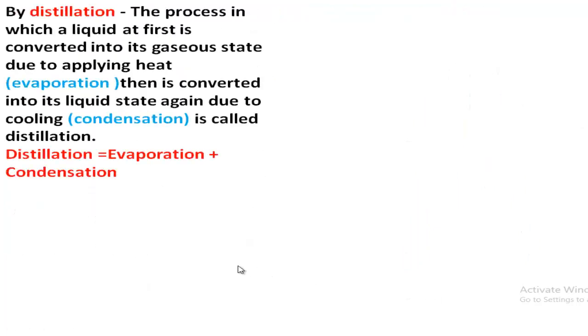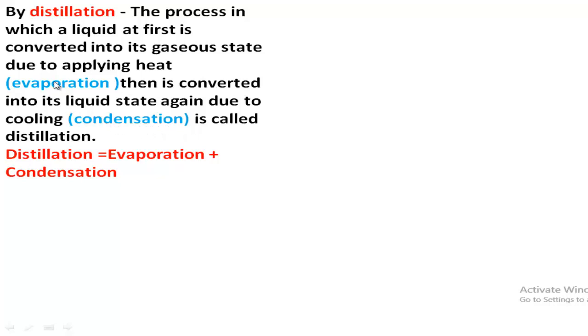Also, by the distillation process we can separate the components from a homogeneous mixture. What is the distillation process? Actually, it is the process in which a liquid at first is converted into its gaseous state due to applying heat, that is the evaporation process, and when that gaseous state is again converted into its liquid state due to cooling, that part is called condensation.